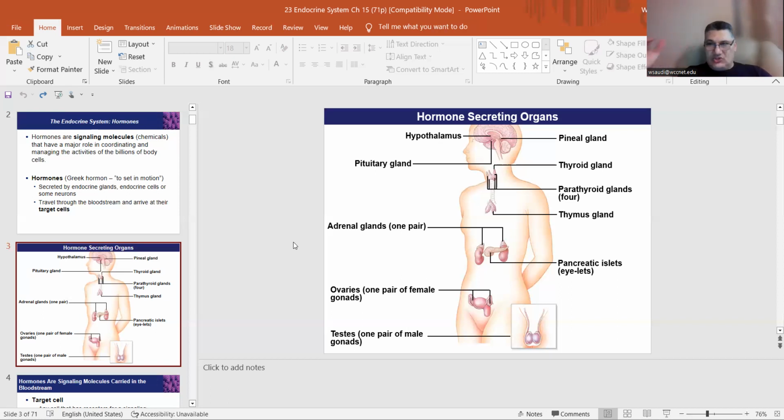So ad or supra, both of them mean above. Renal means kidney. So the gland that's above the kidney is going to secrete the secretions for sympathetic and parasympathetic. Remember, the sympathetic nervous system, we talked about it last time. Sympathetic is fight or flight.